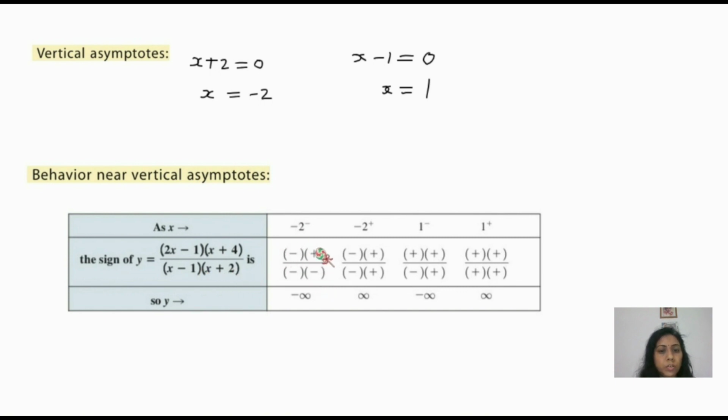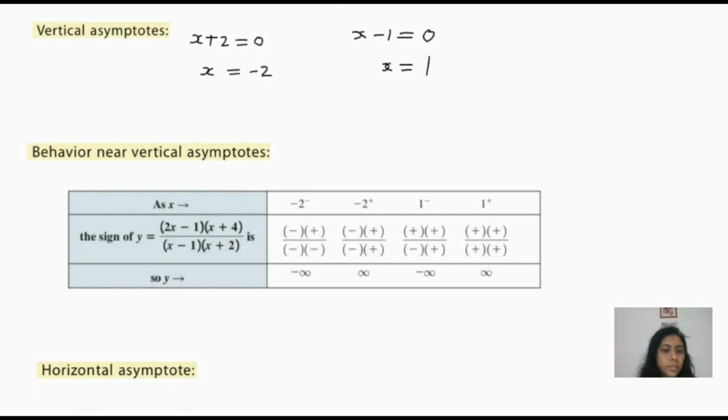And when we solve, the negative and negative cancel, but positive and negative is negative, so negative infinity, meaning downside. Okay, and when we approach −2 from the right side, we get plus infinity. From the left we approach 1, so we get y value minus infinity, and when we approach 1 from the right side, y tends to infinity.